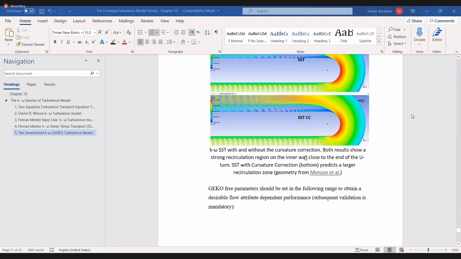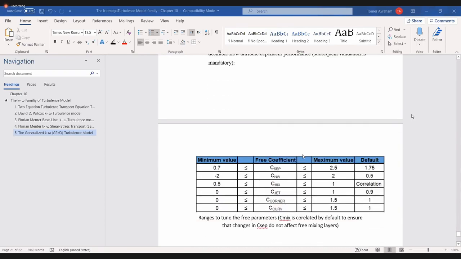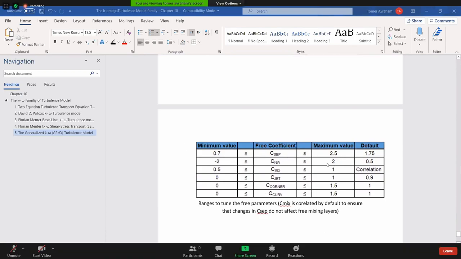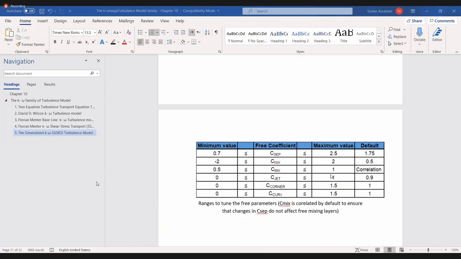But what I'm trying to say in this webinar, here you see the ranges that they gave for the free coefficients. But again, all they give you is two sets which amount to the realizable k-omega and k-omega SST. So you can't really do a lot about it.